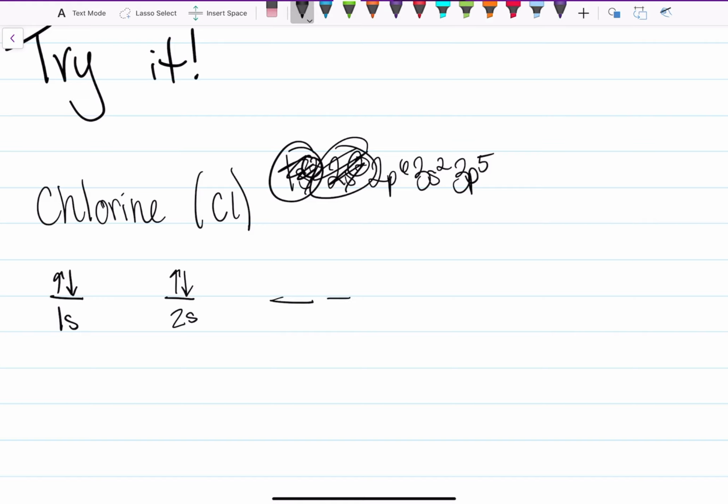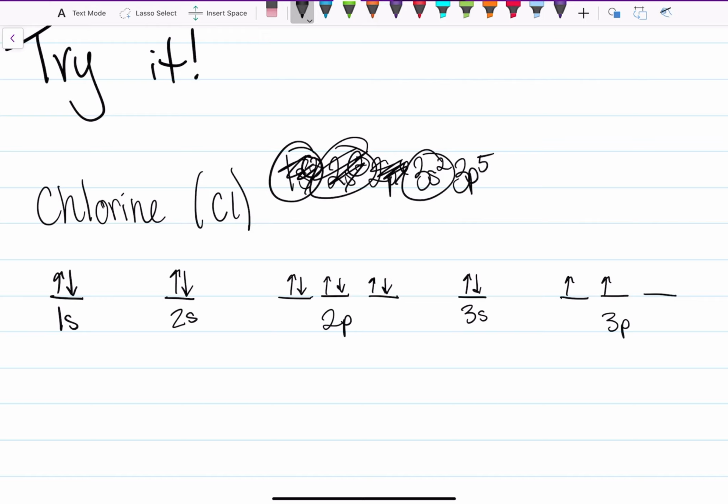Now we have 2p6. 1, 2, 3, 4, 5, 6 for 2p6. Then we have 3s2. And our last part is 3p5. So we go up 1, up 2, up 3, down 4, down 5. And that takes care of chlorine's orbital diagram.